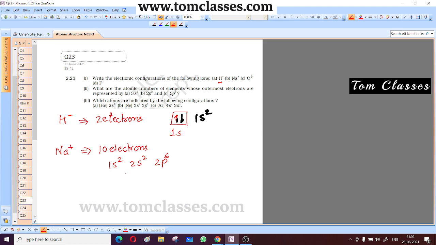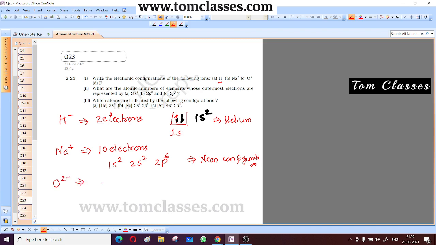So for 10 it is going to be neon. This electronic configuration is the same as that of neon, a stable configuration. Yes, this is for helium. Then O2 minus.